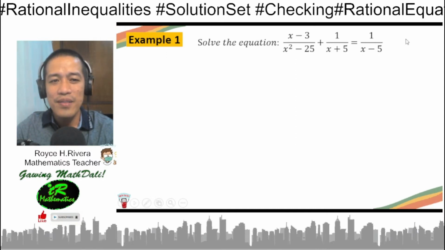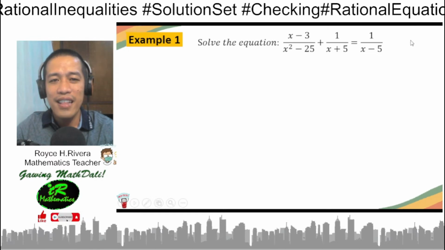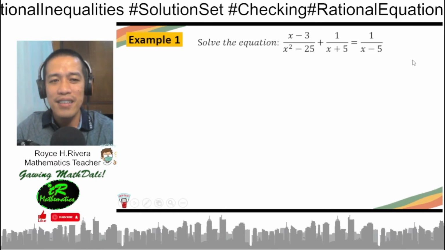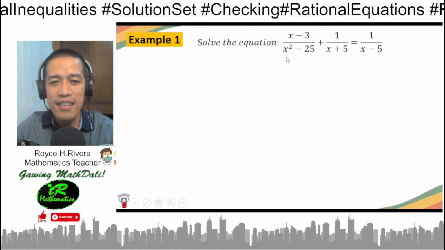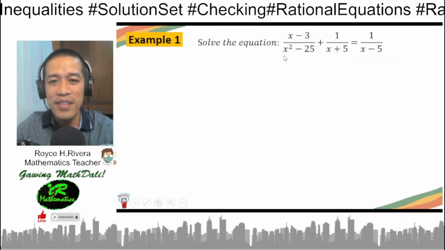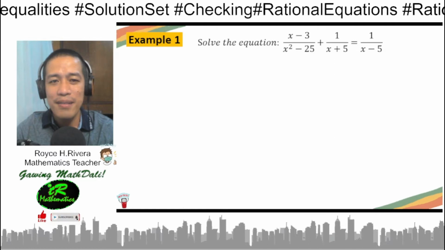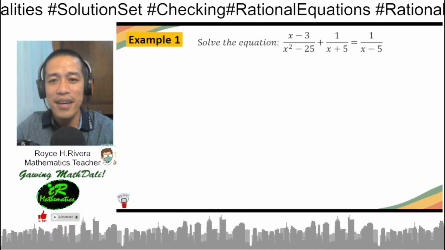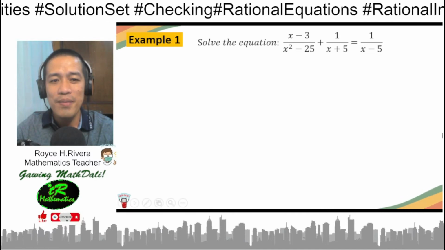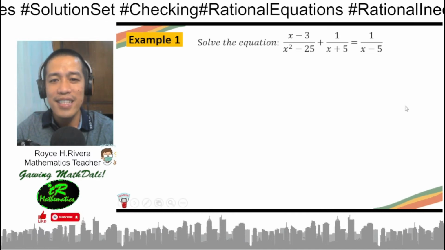First, we need to look for the least common denominator. And to do that, factor muna natin ang x squared minus 25 para mas madali nating makita ang least common denominator or the LCD.